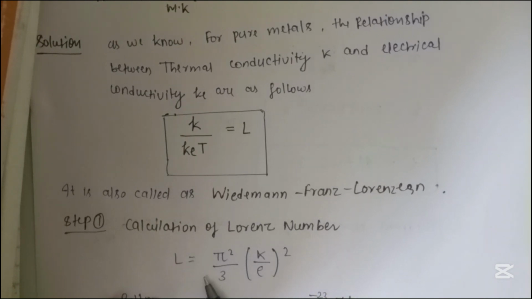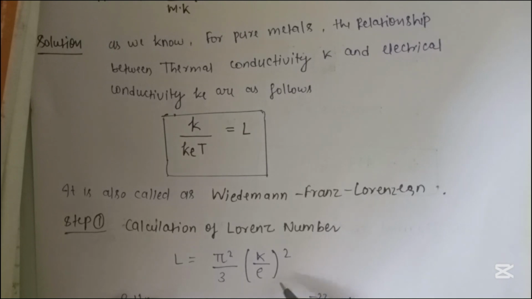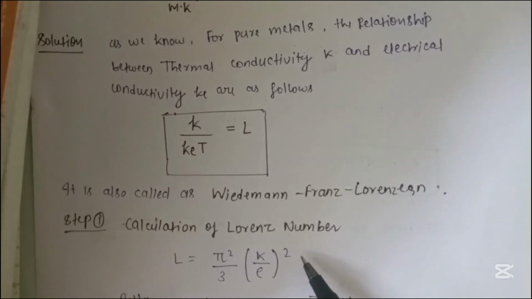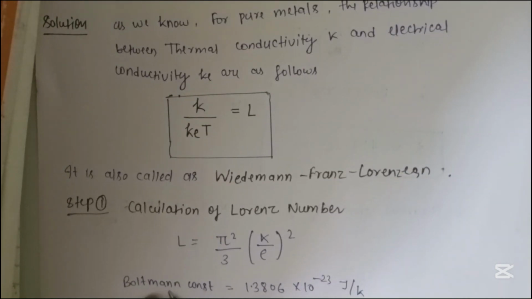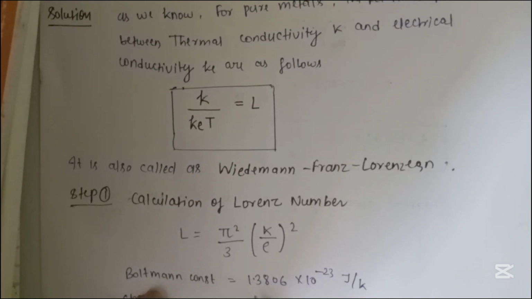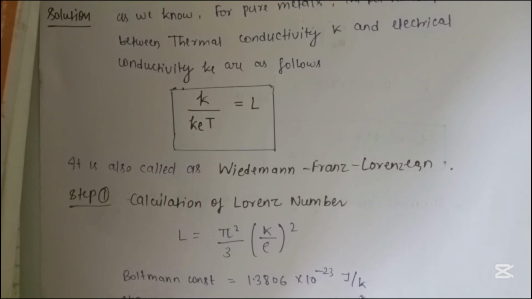In the steps of solution, the first step is calculation of Lorentz number. We know the formula of Lorentz number is L equal to pi square by 3 into (k/e) to the power whole square, where k is the Boltzmann constant, a universal constant whose value is known. Its value is 1.3806 into 10 to the minus 23 joule per Kelvin.